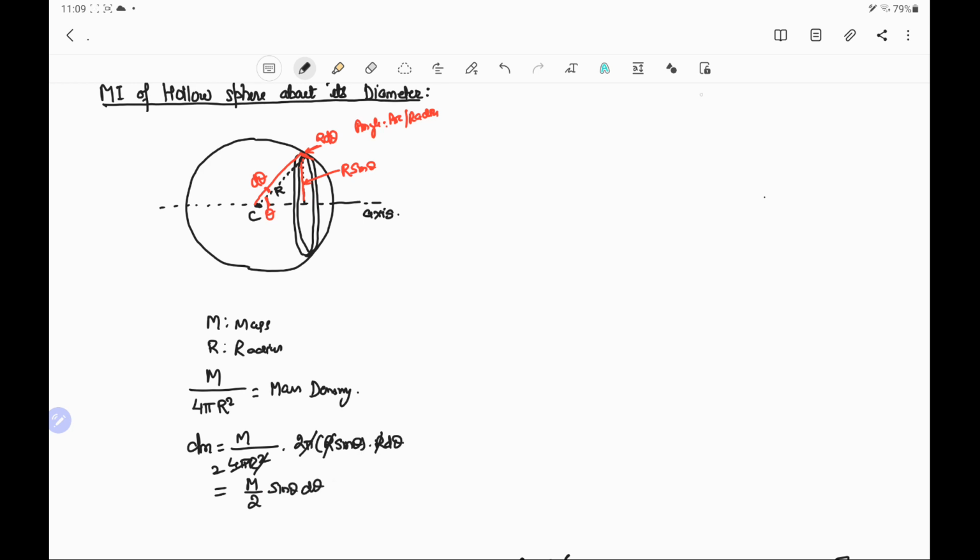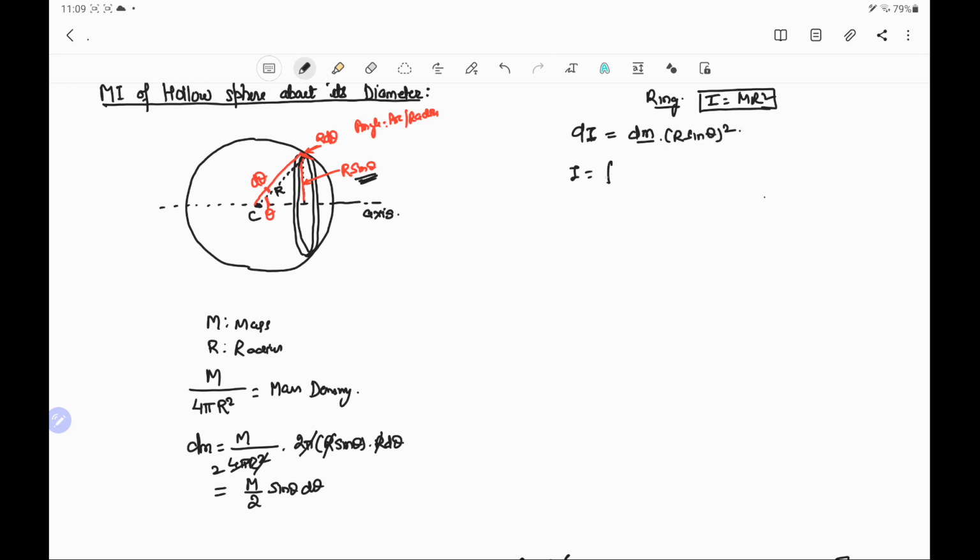Because elementary mass is in the shape of a ring, and for a ring the moment of inertia we have already calculated, it is m r square, where m is the mass and r is the radius of the ring. Here we are taking this as elementary mass, so it is the elementary moment of inertia. It can be written as mass dm and radius r sine theta, so it is dm into r sine theta square.